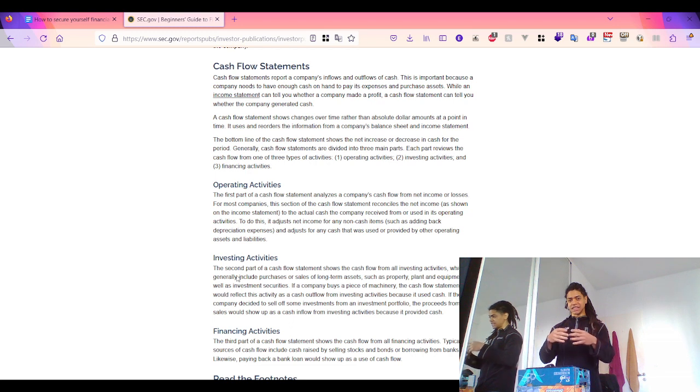SoftBank, a Japanese conglomerate that invests primarily in technology companies such as WeWork, Uber, and Airbnb. Alphabet, the Google parent company, invests primarily in technology companies through its venture capital arm called Google Ventures, and you have Calico, a longevity company.